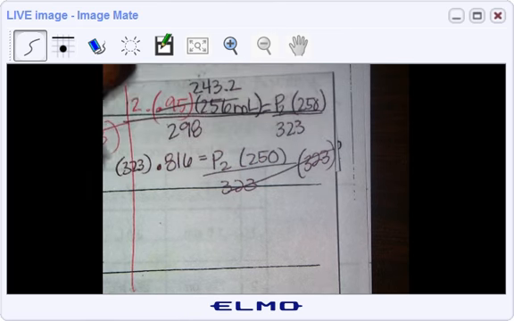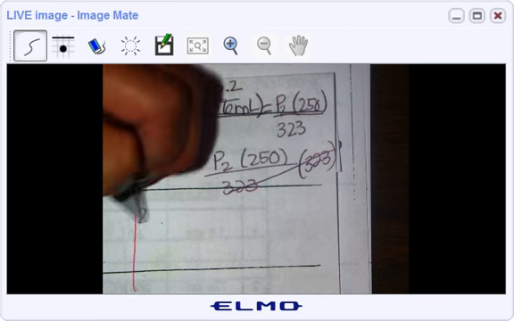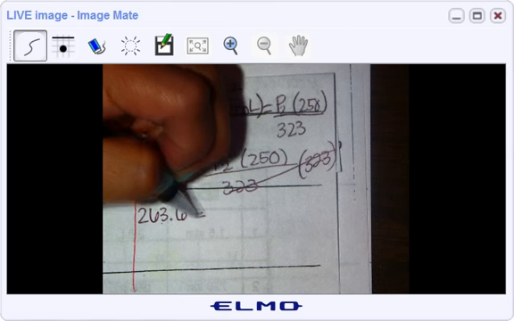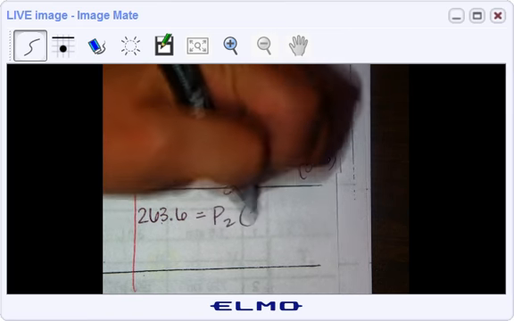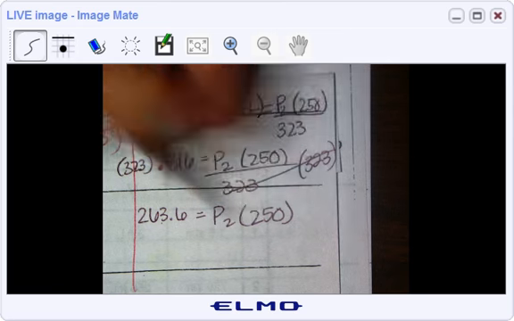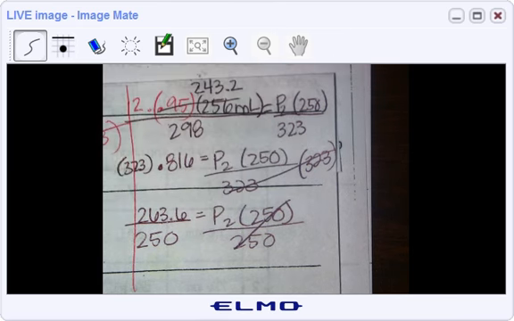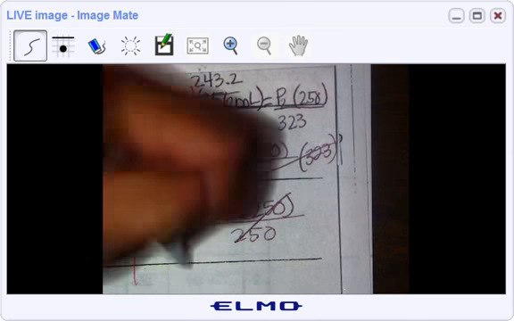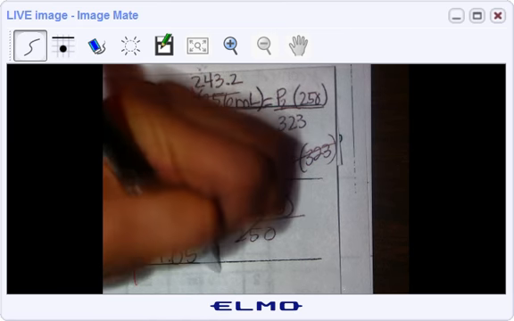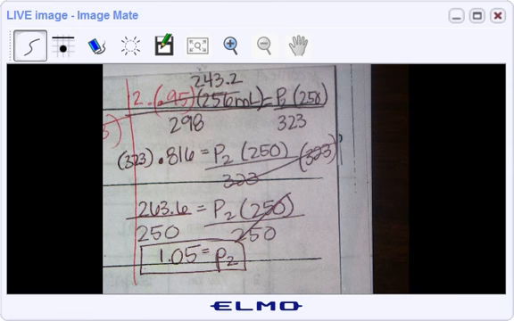So now that's gone. On my left side, I can do this calculation easily in the calculator, multiplying these two numbers. That gave me 263.6 equals P2 times the 250. So these cancel. So I do 263.6 divided by 250 to get my P2. That gave me the final answer for number 2.